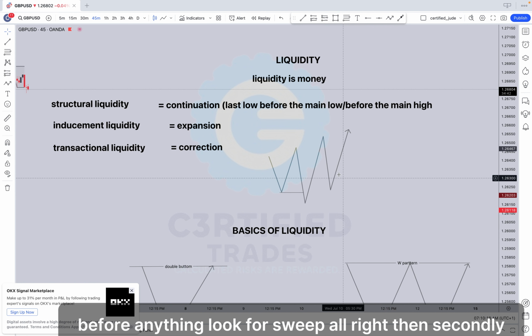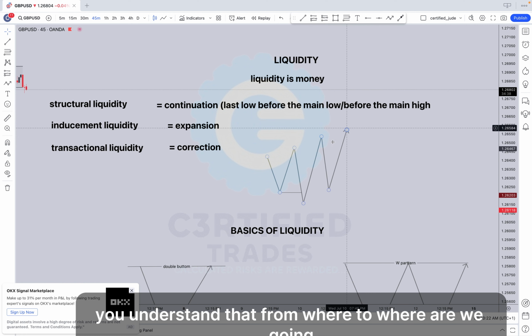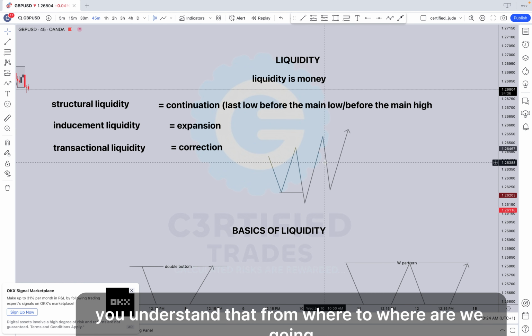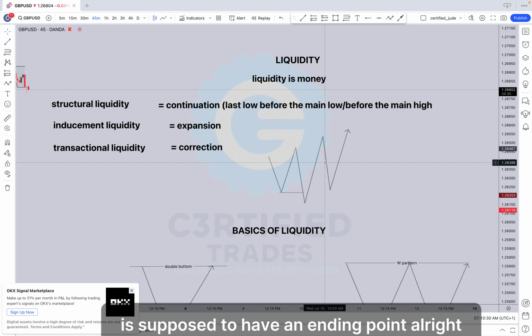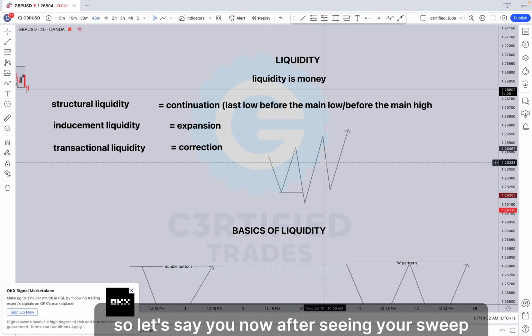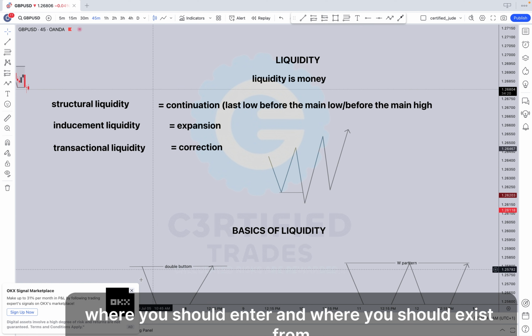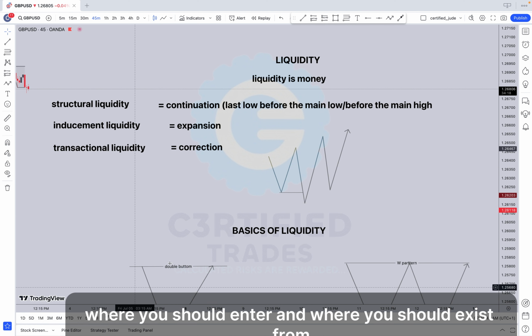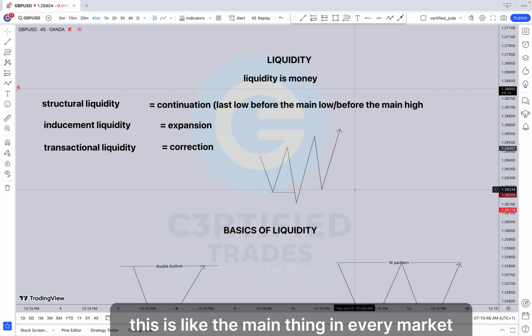Secondly, you mark out where we are going from and to. This is our starting point. Everything that has a starting point is supposed to have an ending point. After seeing your sweep, you try as much as you can to recognize where you should enter and where you should exit, which is the main thing in every market.